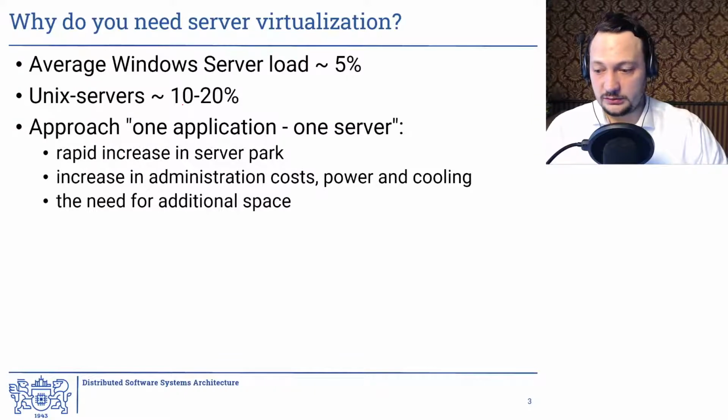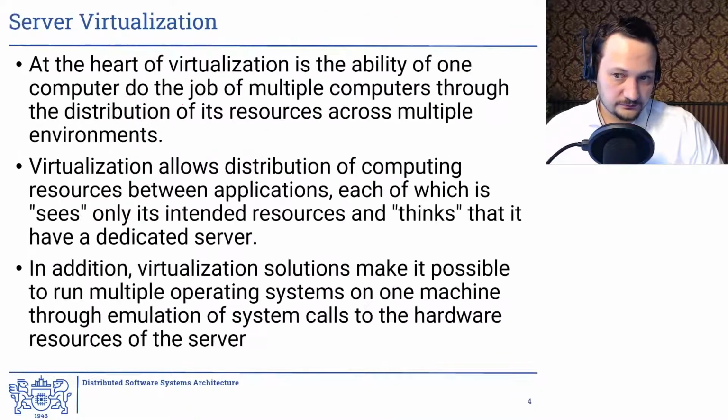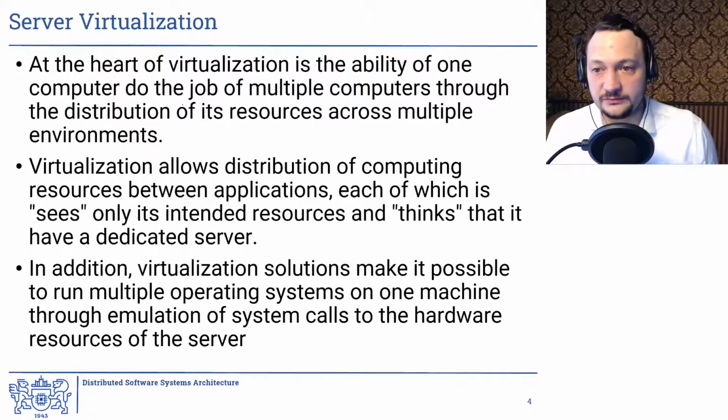We would see that our servers are just exponentially growing in number. We need more power to work with them. We need more administrators to handle them. It increases the costs for administration, for power, for cooling. We need additional space without virtualization. So that is where virtualization comes to save us.